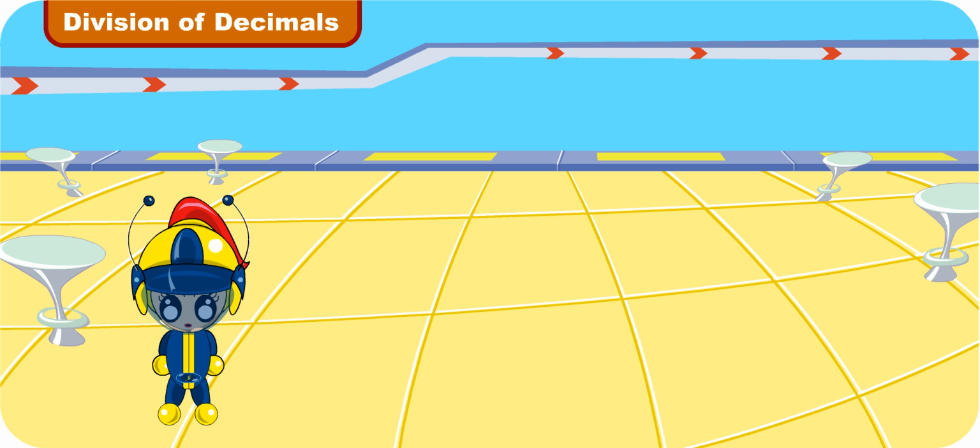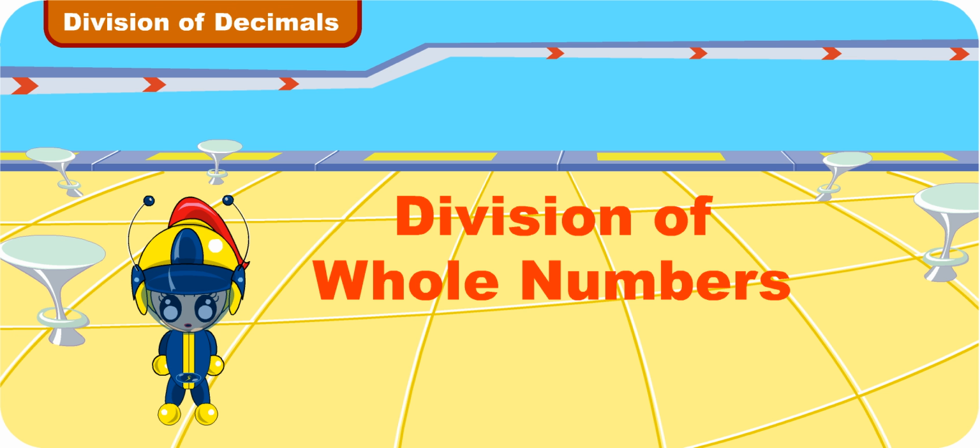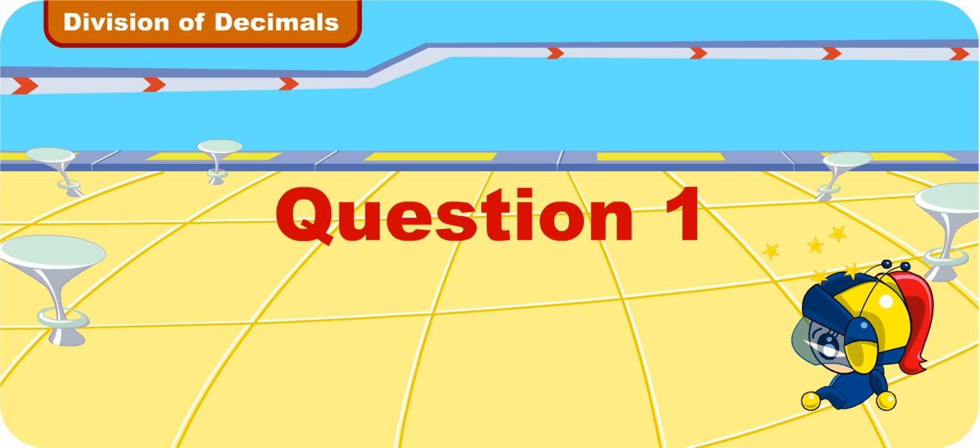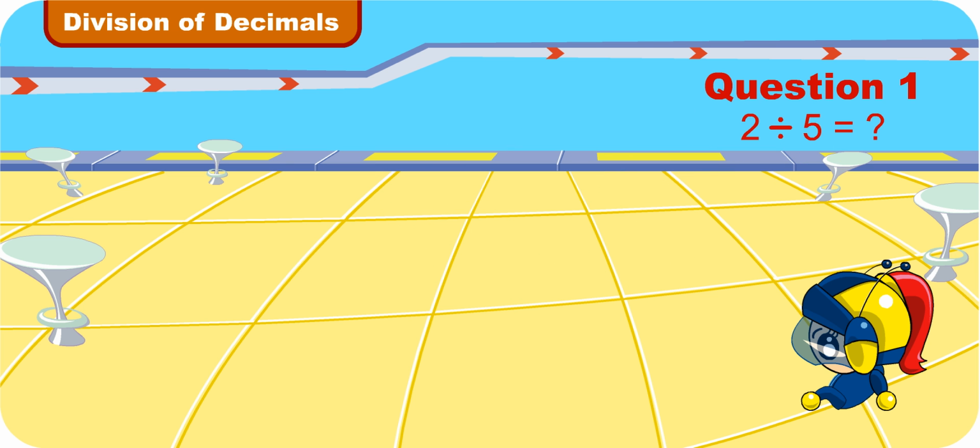Turbo Girl, do you know how to do division of whole numbers? Of course, teacher. Alright, try to do this. 2 divided by 5. But teacher, I can't possibly divide a smaller number by a bigger number. Well, you can indeed do that. Let me show you.